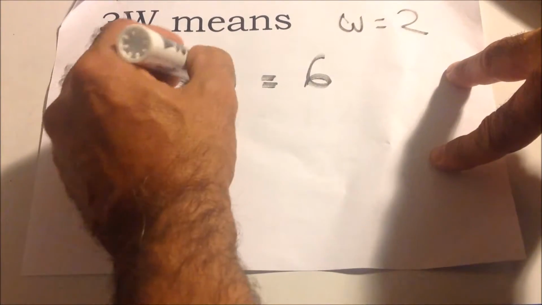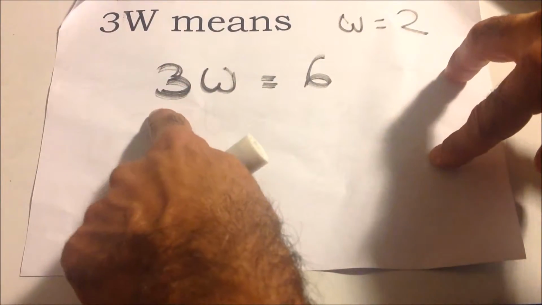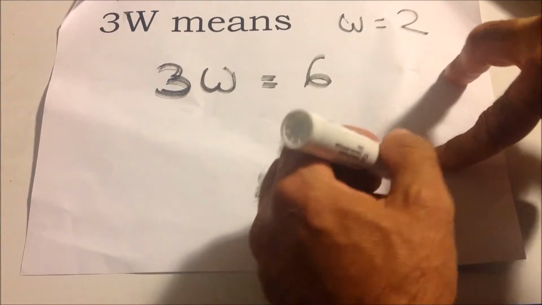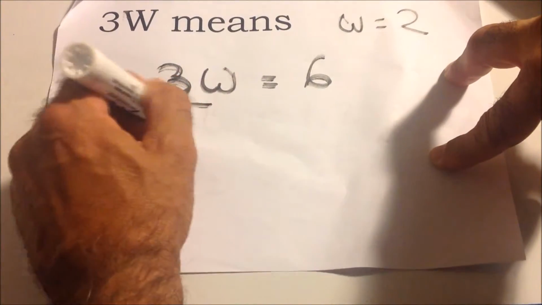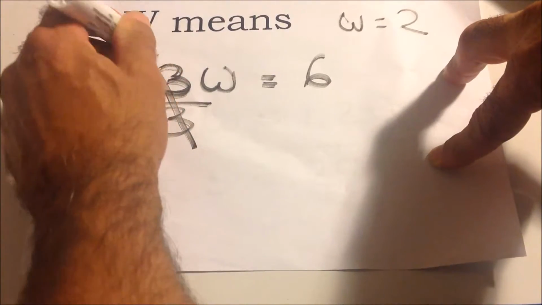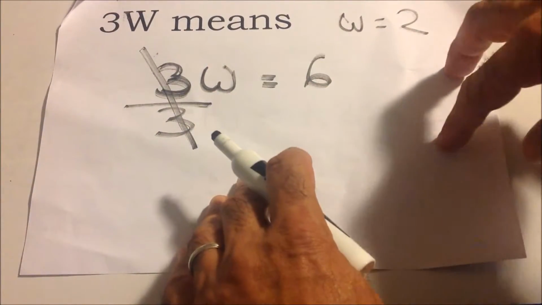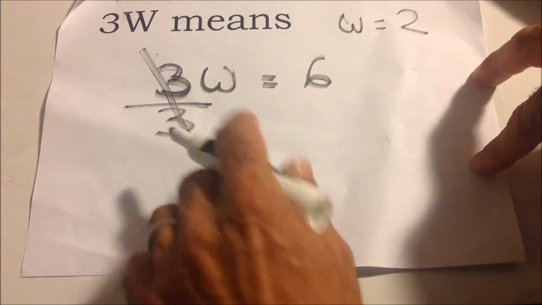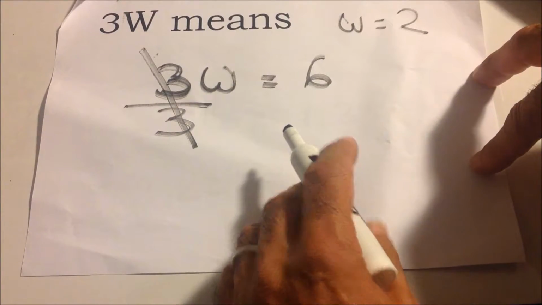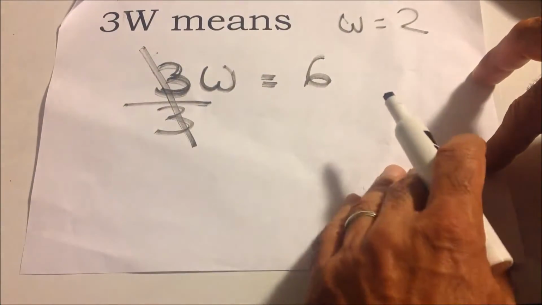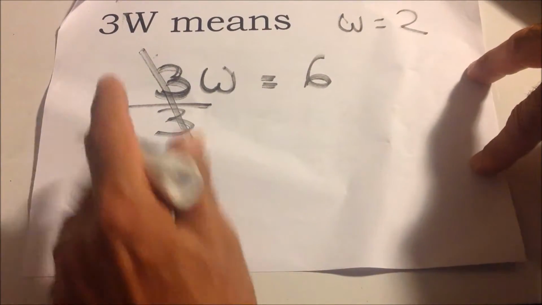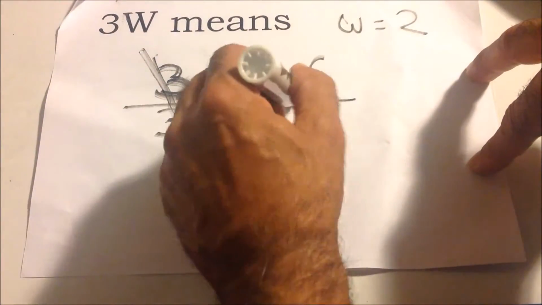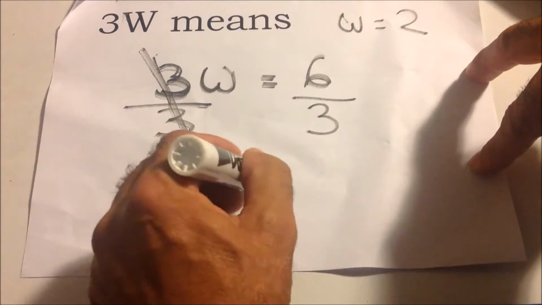This is 3 times w, so the operation is multiplication. The opposite is division. We're going to divide the 3 out. Cancels. Remember, the goal is to get that variable alone. The variable wants to be alone. So whatever you do to one side, we have to do to the other side. That's an important rule. Whatever you do to one side, do to the other. So we divided 3 on this side, we're going to divide 3 on that side. And w would equal 2.